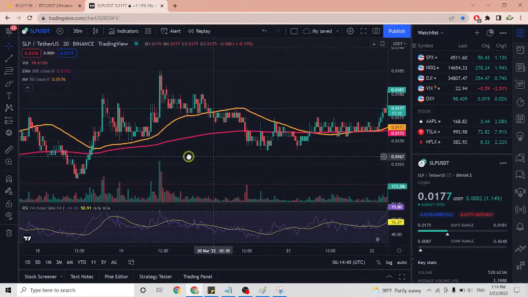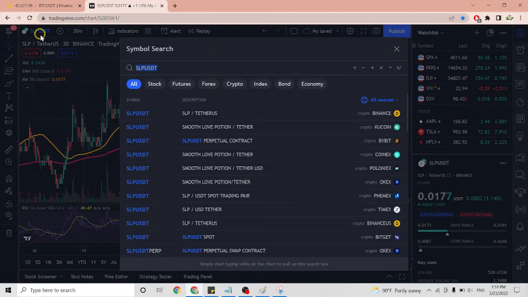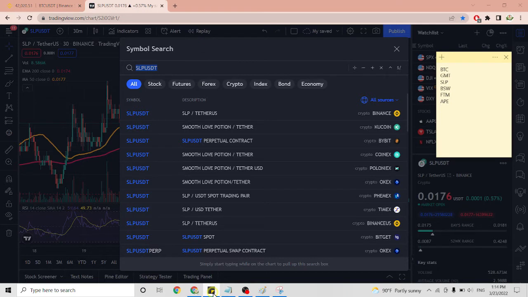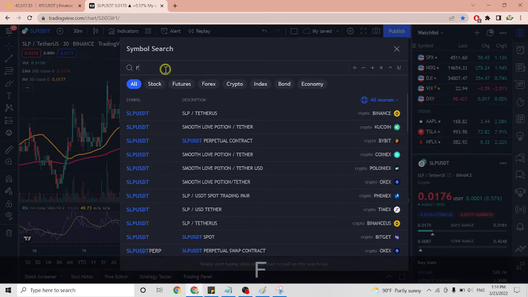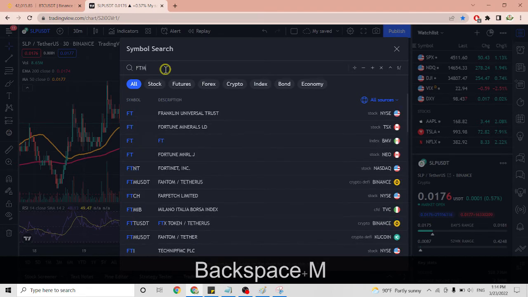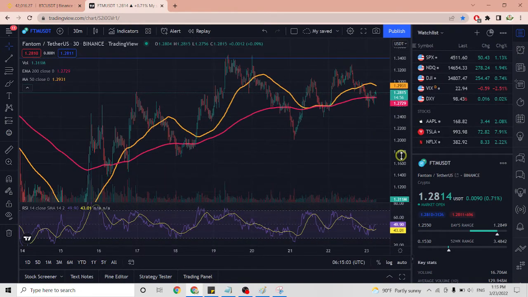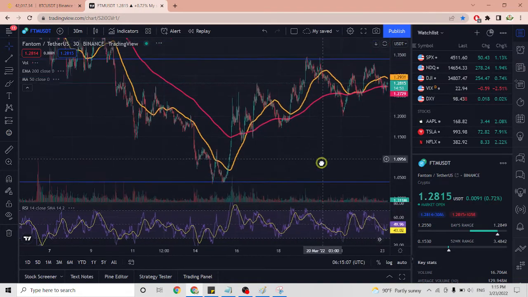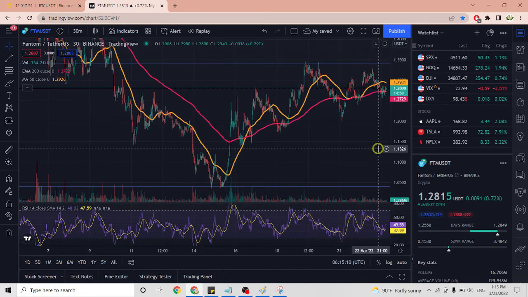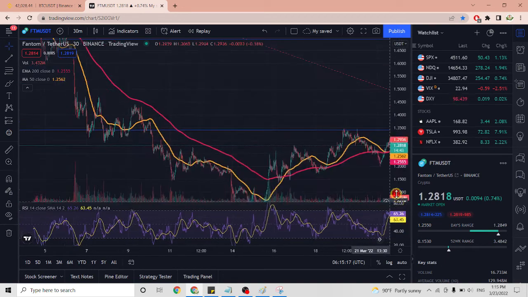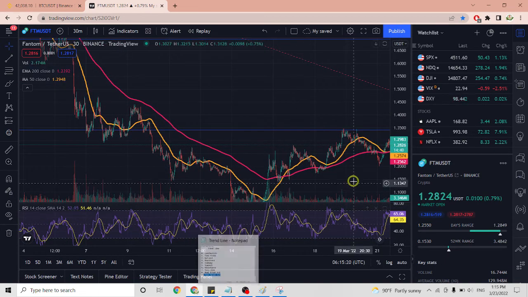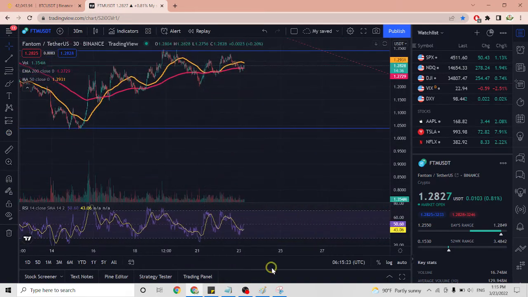It just breaks only the shadow. It doesn't have a real fake breakout.